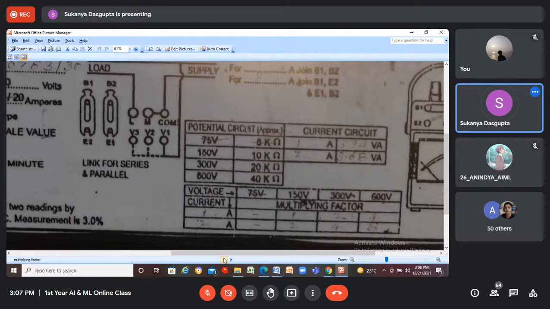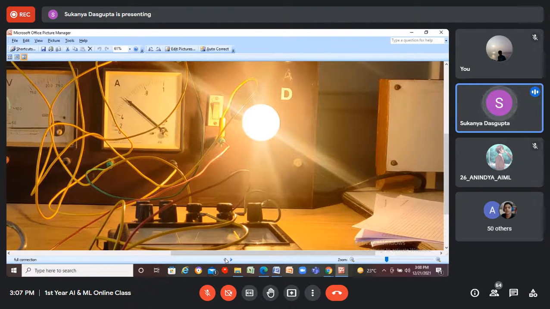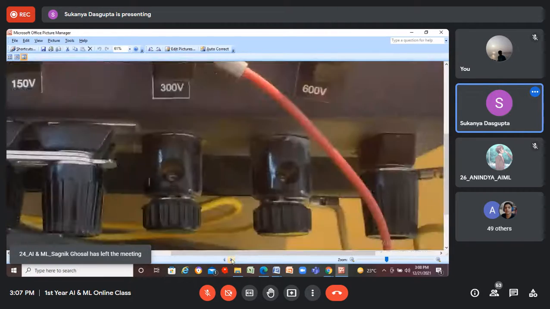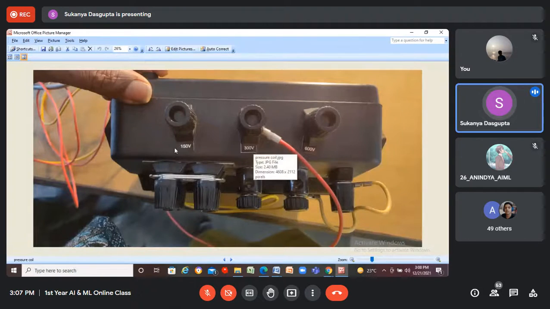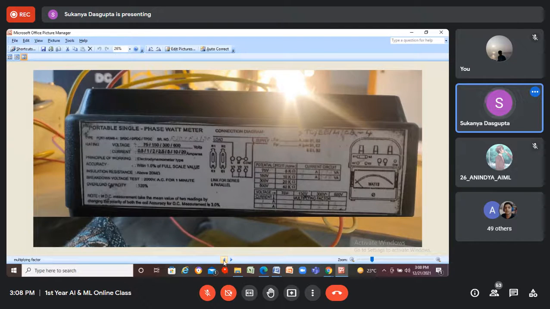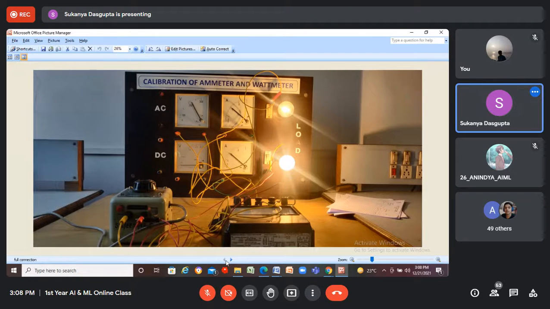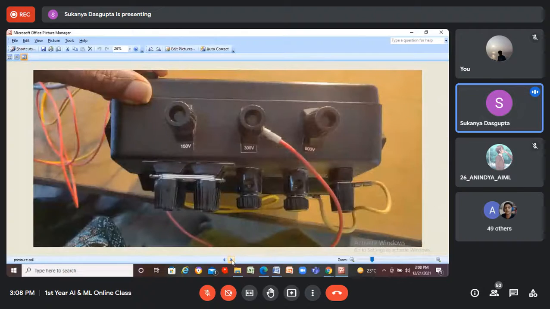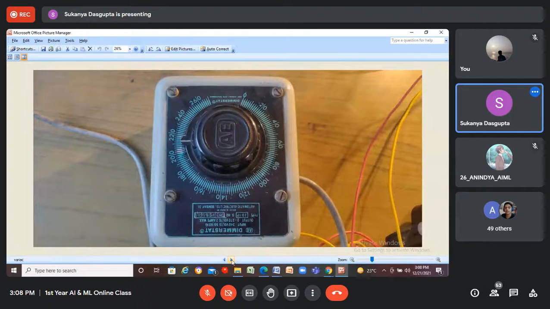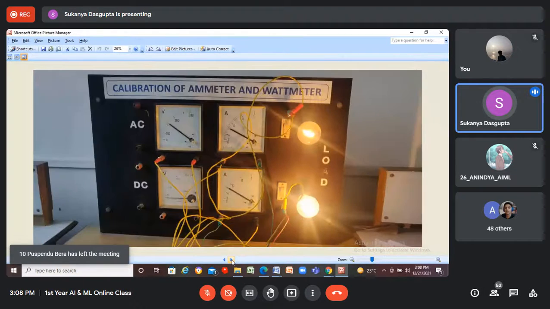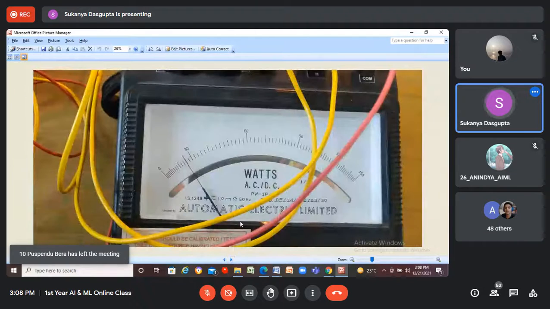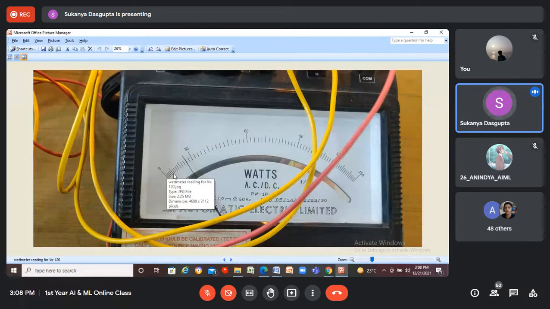What is the advantage of using this? You can measure high power like 300 into 1, 300 watt, or 600 into 2, 1200 watt, high wattage, by using a small wattmeter. Because the design and the cost depend upon the scale, the span of the wattmeter.